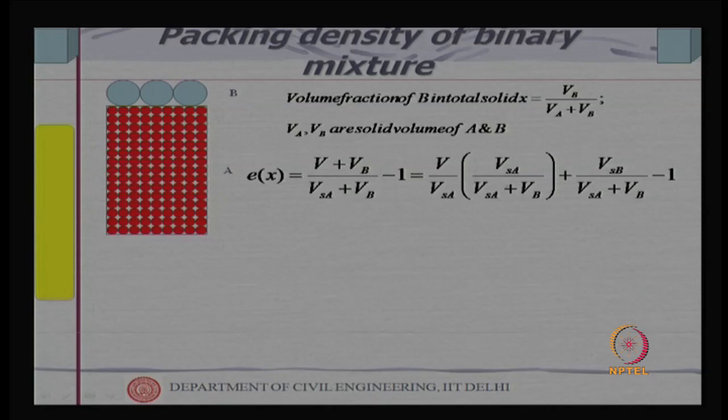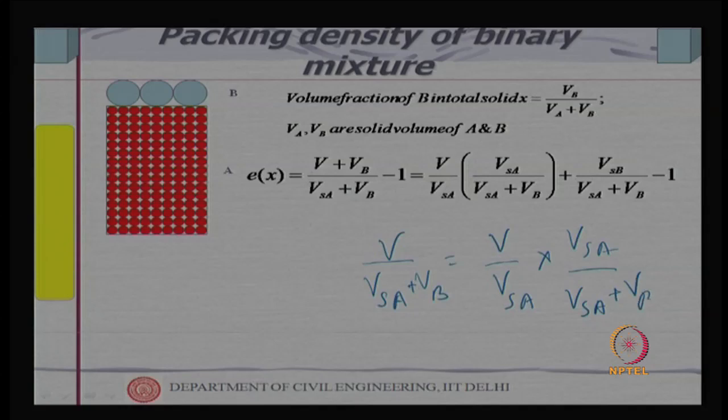So, I can write it out like this, V by (V_SA plus V_B) can be written as V by V_SA multiplied by V_SA by (V_SA plus V_B). So, what is this actually? This is the total volume divided by volume of solid, and this is the packing density of the whole thing.